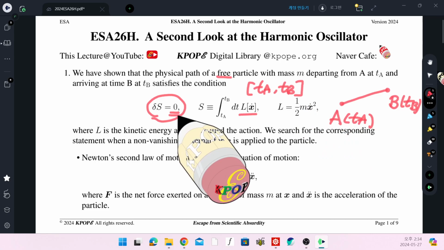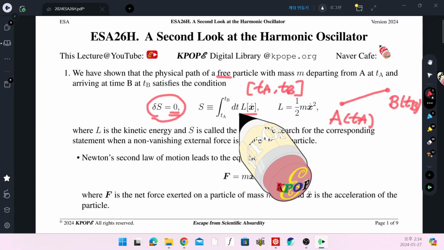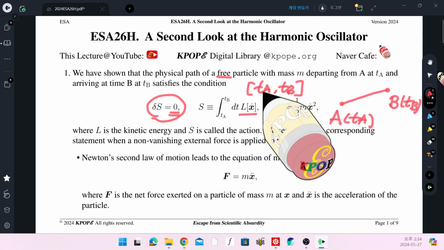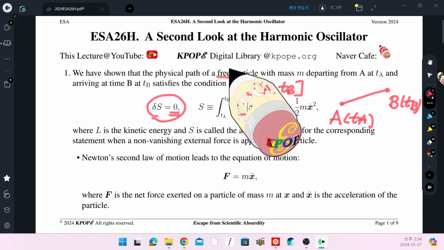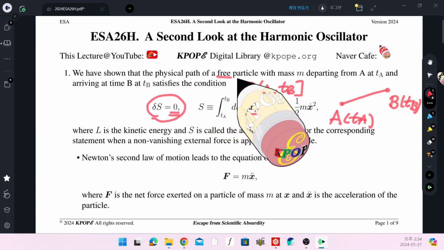For a free particle, it was the minimum. If it is a harmonic oscillator, for example, we will find what happens.